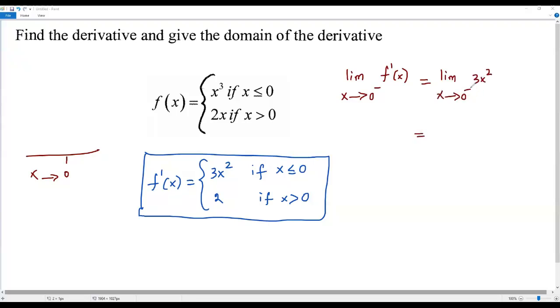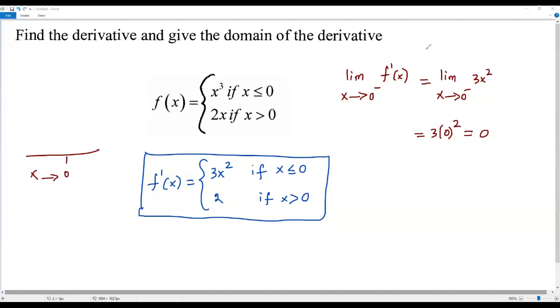This negative sign has nothing to do with the calculation part anymore. Now we can plug in 0 for x into this function. Then I'll be getting 3 times 0 square. 0 square is 0, 0 multiplied by 3 is 0. So the left side limit of 0 for the first derivative f prime of x is 0.